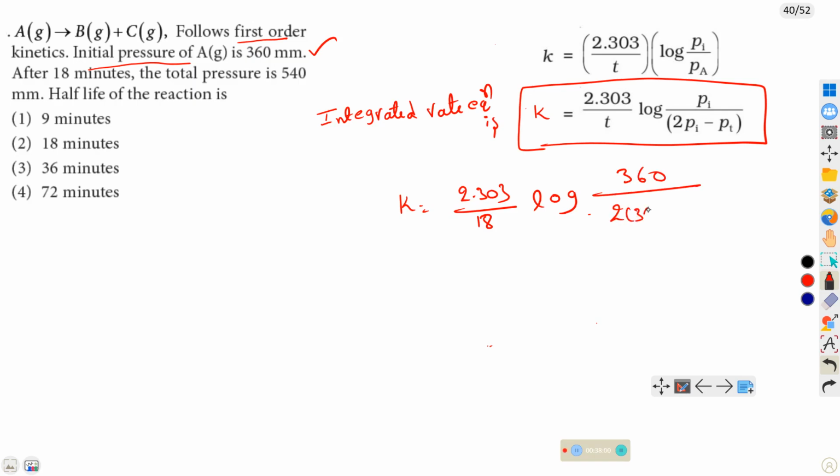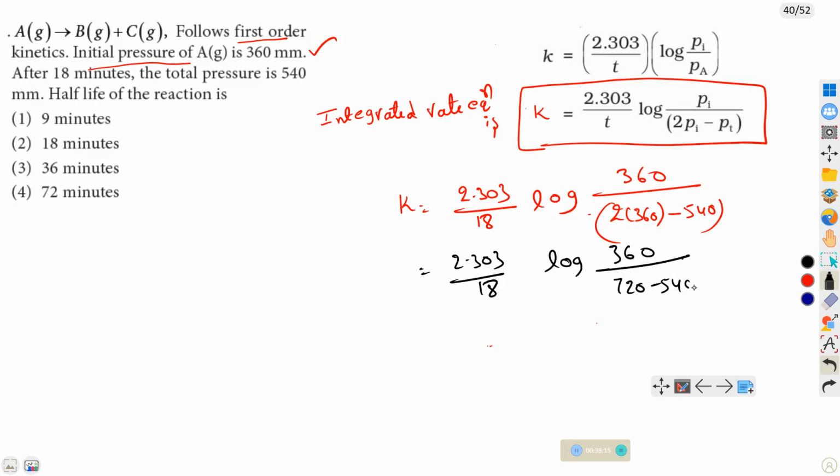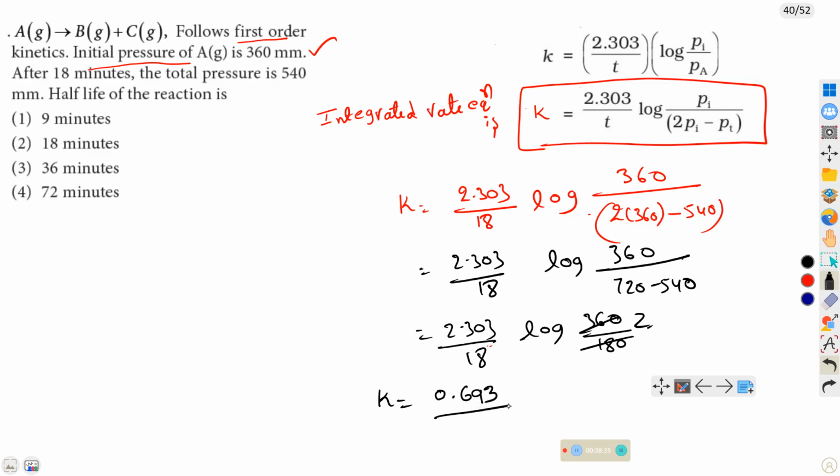2 into 360 minus 540. Simplify. 2.303 by 18 log of 360 by 720 minus 540. 2.303 by 18 log of 360 by 180, log 2 value 0.3010. 2.303 into 0.3010 is 0.693 by 18.